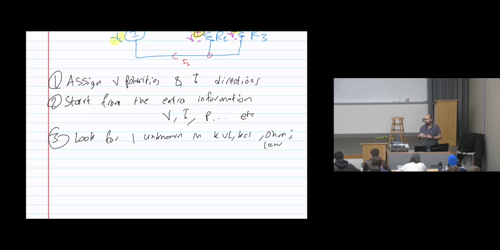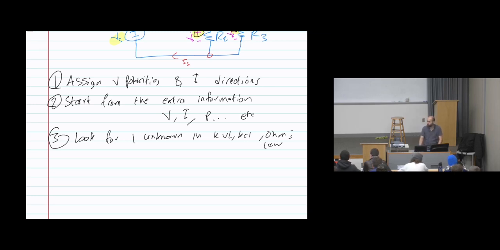If there is more than one unknown, like two or three unknowns, then this is not the right way. Look for another way. We need to have only one unknown, and then we can do our analysis.